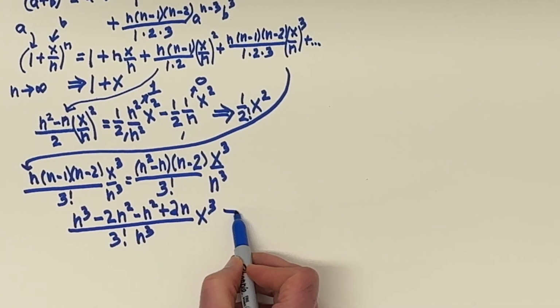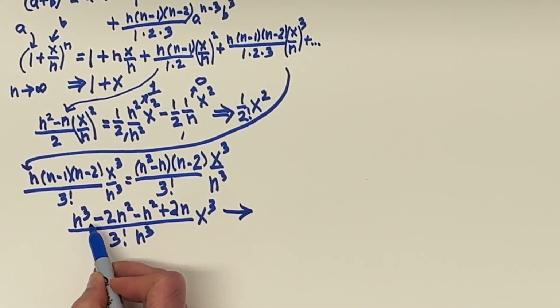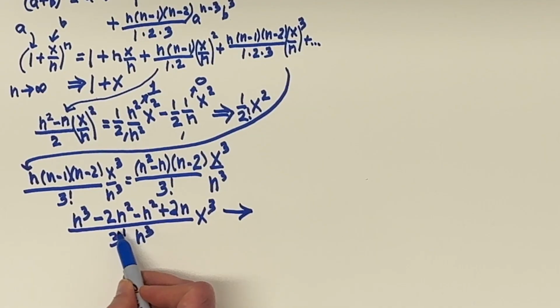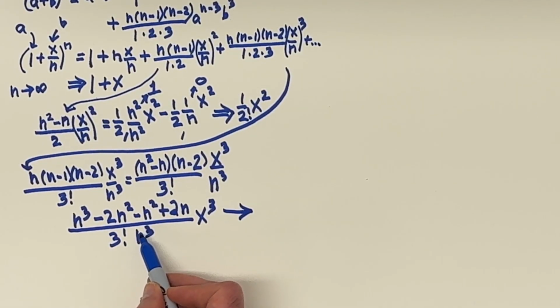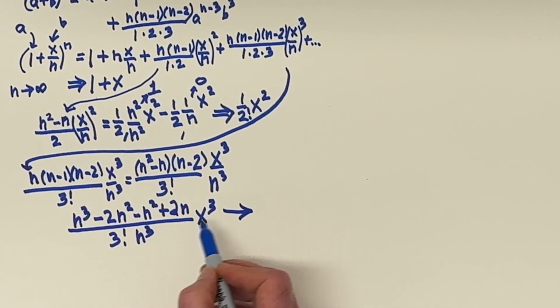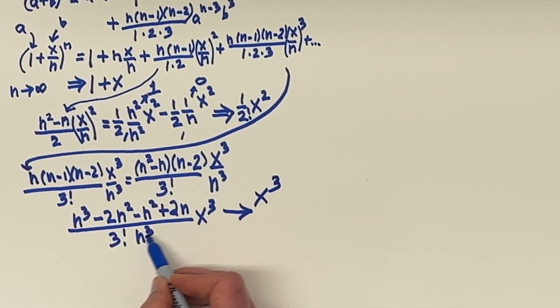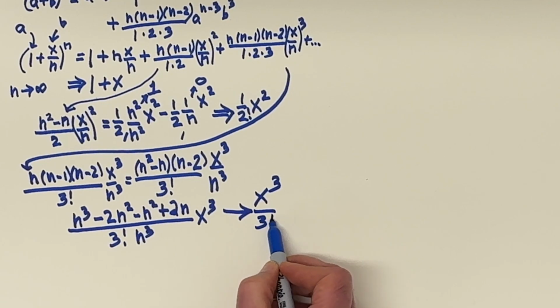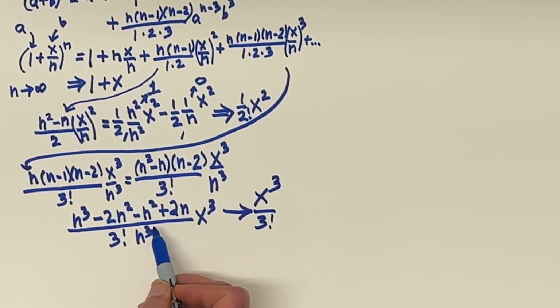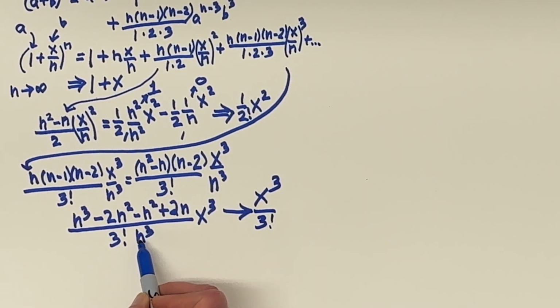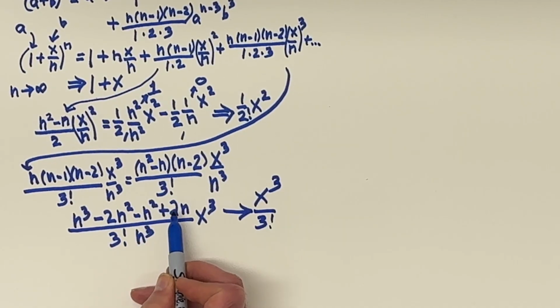So when you take n to infinity, the only one that's going to survive is the first one, where they cancel. Since there'll be no n, there'll just be x cubed over 3 factorial. The other terms will vanish because there'll be at least one n in the denominator for each of these pieces.